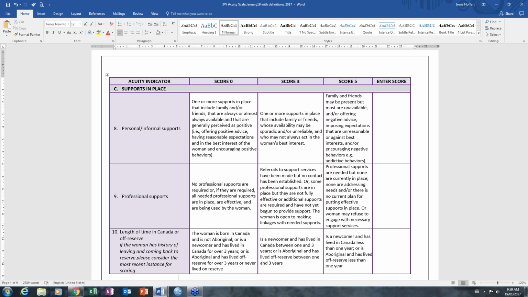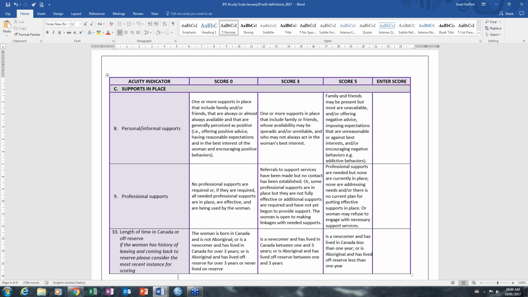So they offer positive advice, they have reasonable expectations, they speak to the woman in her best interest and encourage positive behaviors. Someone might have a drug addiction, and if she has friends who encourage continued use of drugs, she might really like them, but those are not positive friends. Anyway, a score of 0 is that we don't have any of that negative influence happening for her.